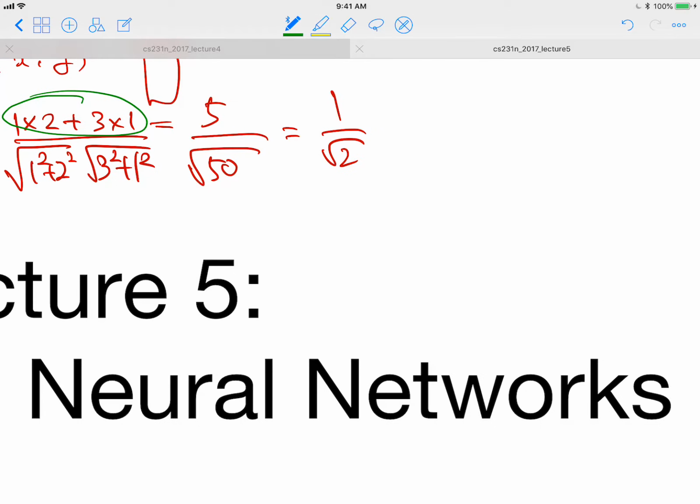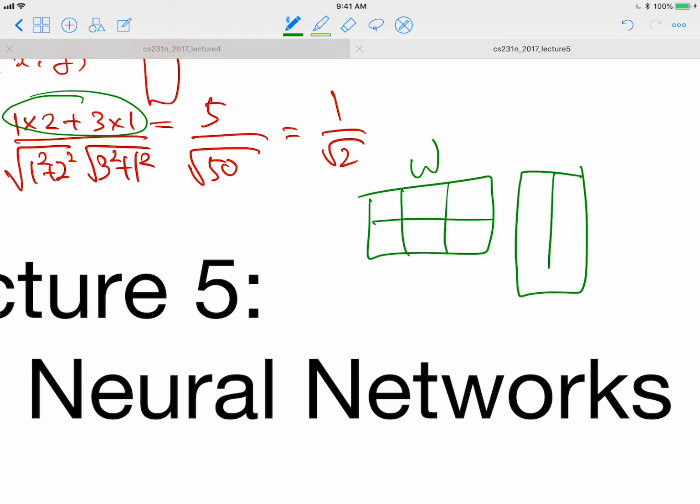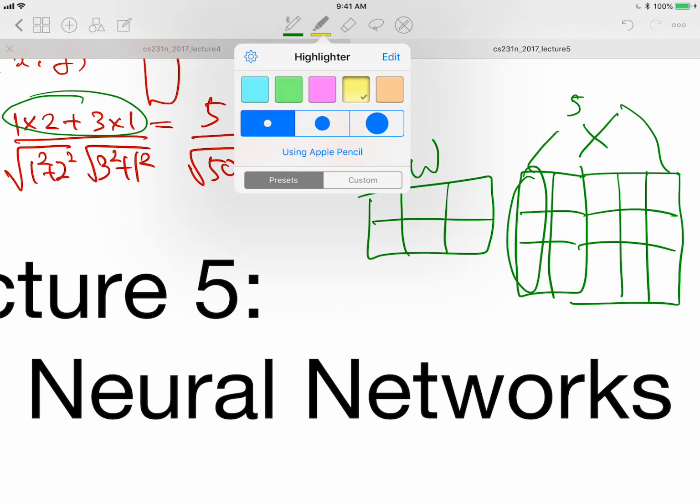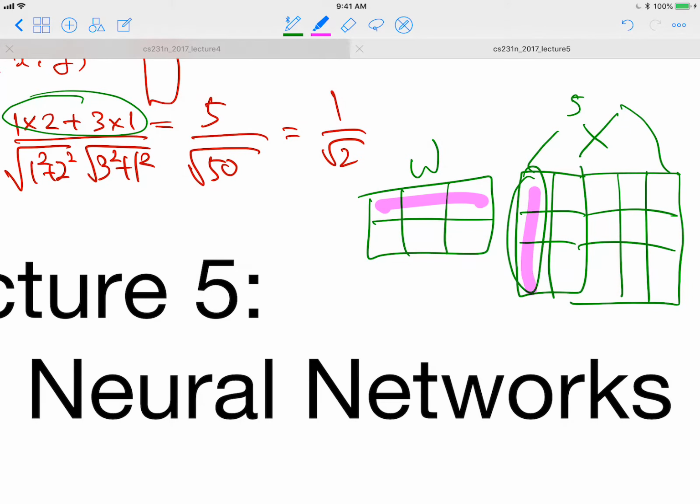For example, if you saw this matrix W and maybe X, maybe we have more than one X, okay? So this is our X, which is our batch, which is 3-dimensional, and our batch size is 5. In this case, it's all about the inner product, because we have an inner product over here, and also over here, and over here, and so on.